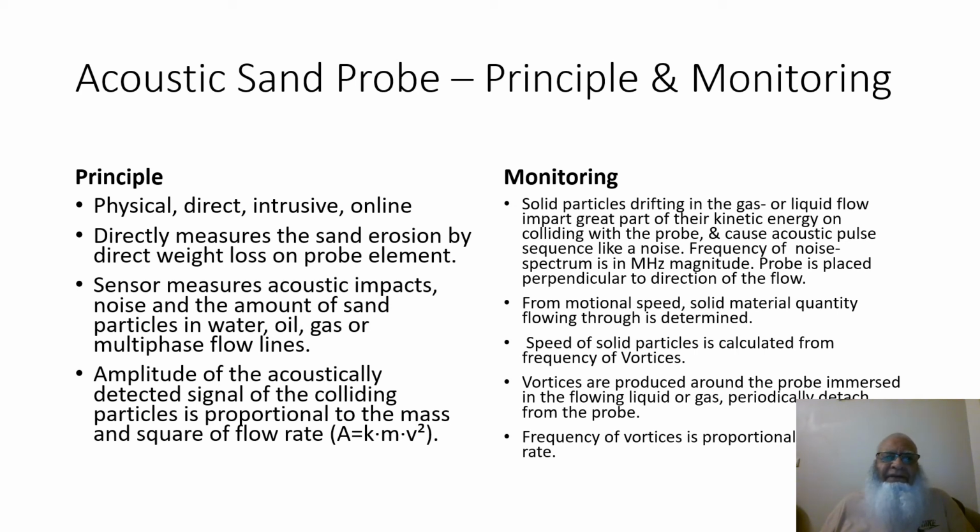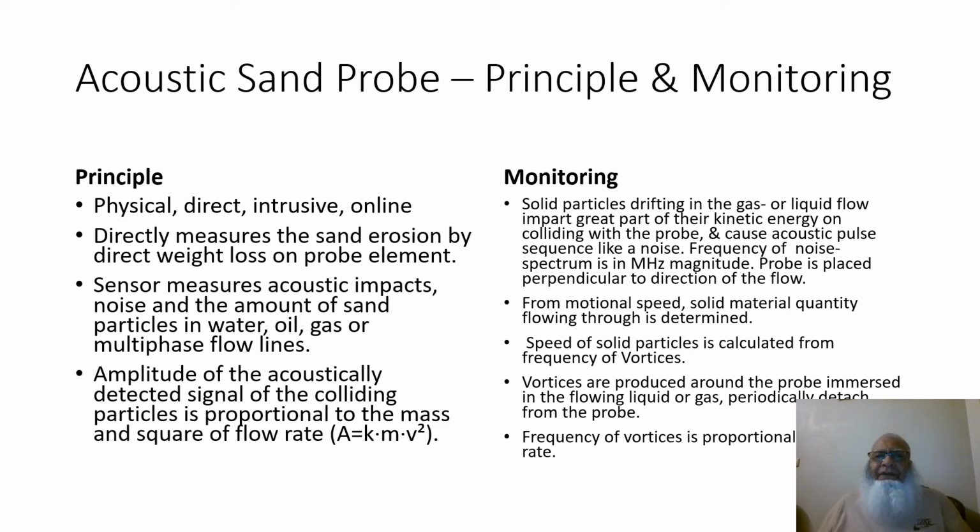The sensor measures acoustic impacts, noise, and the amount of sand particles in water, oil, gas, or multi-phase flow lines. The amplitude of the acoustically detected signal of the colliding particles is proportional to the mass and square of the flow rate, as given there.